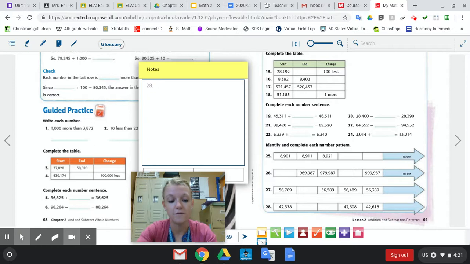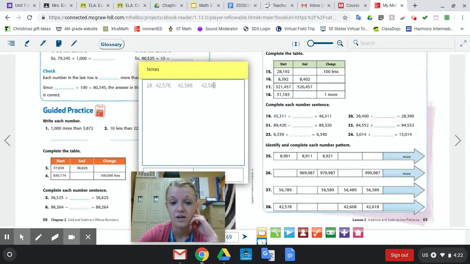Okay, so number 28, I'm going to take 42,578 and write it again, but this time I need to add 10. So I need to take the 10's place and make it one bigger. So that will become an 88. Then I need to try the next number. So it's this new number, 42,588 plus 10.